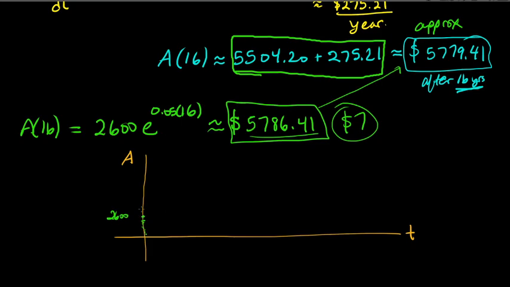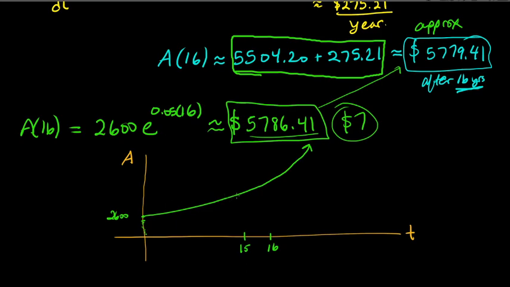This is an exponential function, so it is growing exponentially. And this might be not very exponential, but let's say that that's the graph. Right here, this is t equals 15 years. And let's say this is t equals 16. Obviously, I'm changing the scale a little bit, but I need to make a point here.